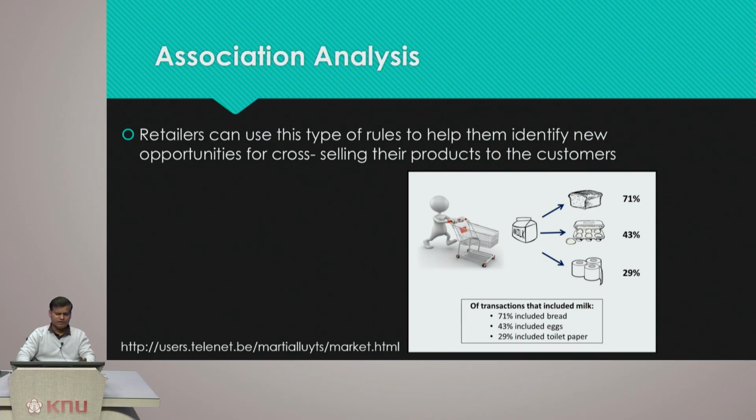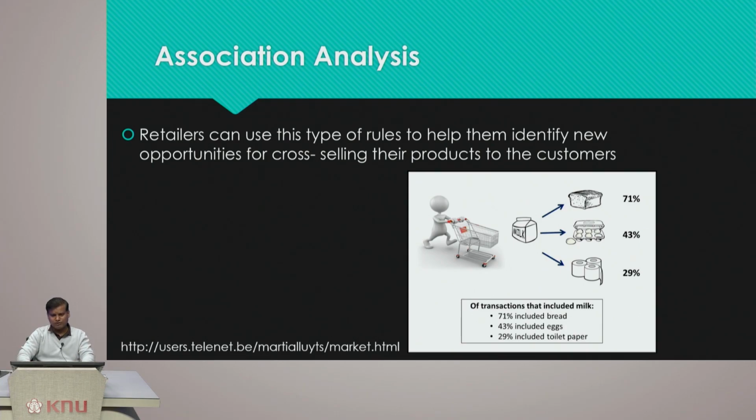So that's a little bit different from the classification and clustering schemes. And you will also notice that association analysis does not only find association between related products. There are times where we have come across analysis that has association between completely different products.